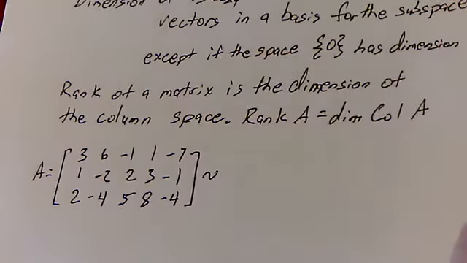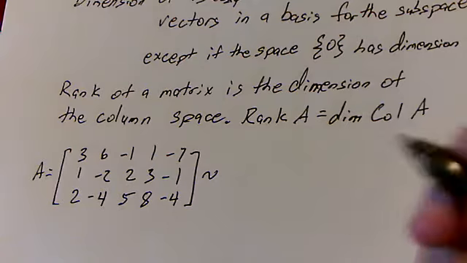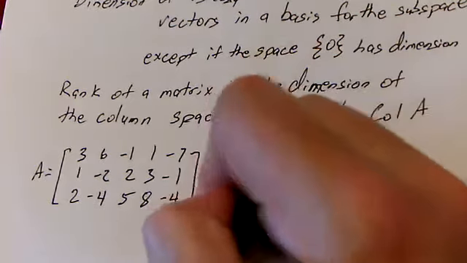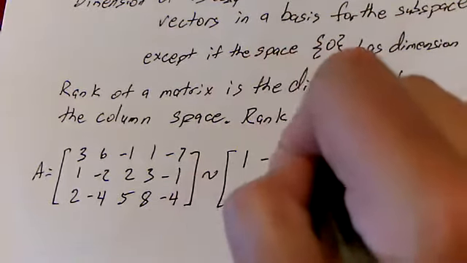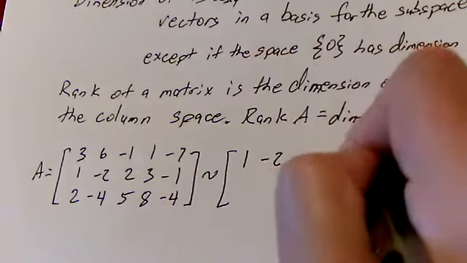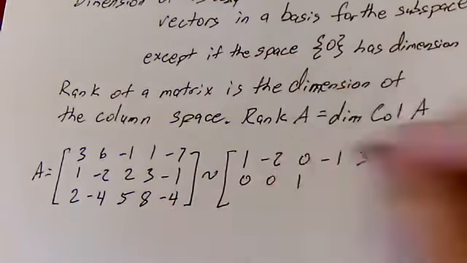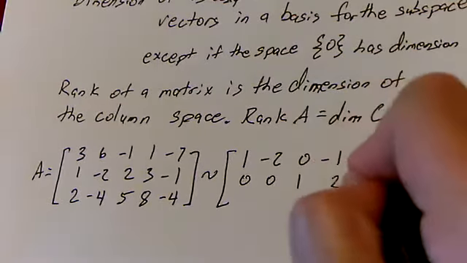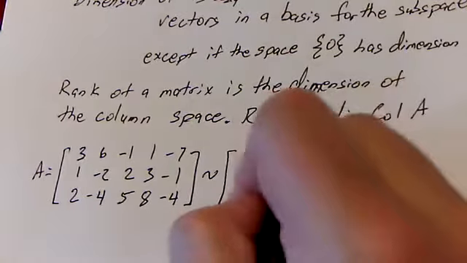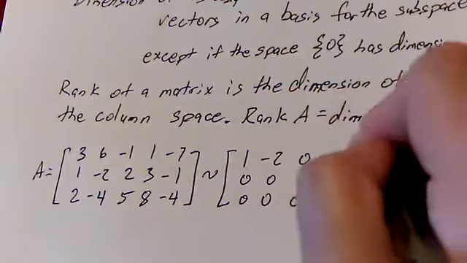A reduced version of that matrix looks like 1, negative 2, 0, negative 1, 3; 0, 0, 1, 2, negative 2; and then all zeros for the bottom row.